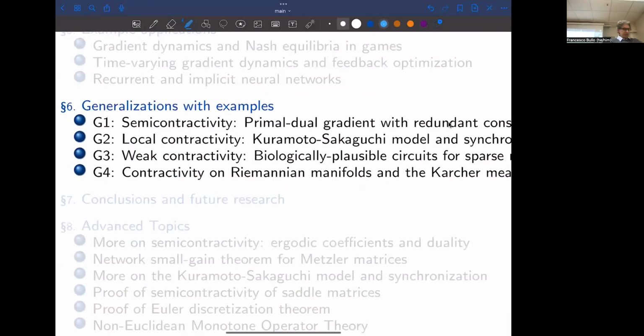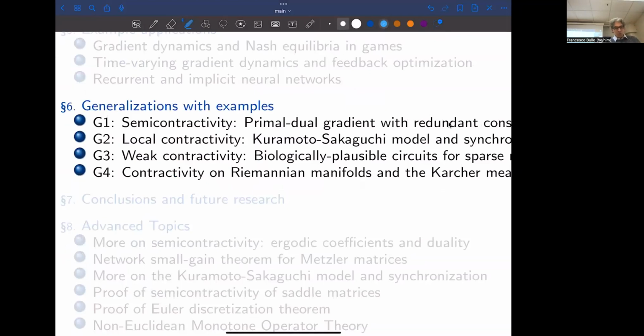Finally, after this lengthy introduction, I have now essentially finished what I wanted to say about contraction theory on vector spaces, the standard clean theory. Let me now show to you these extensions.